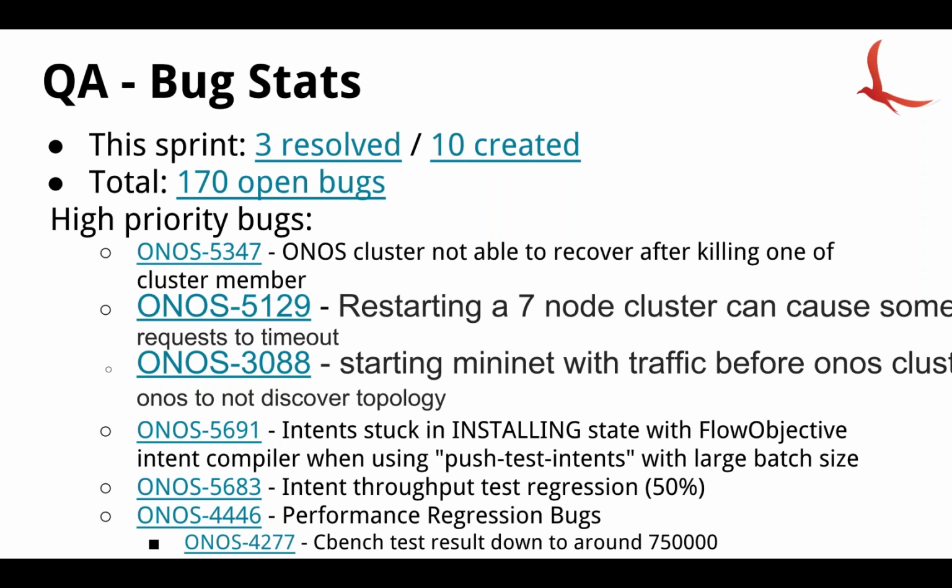Okay, so then the first 2 bugs are the only outstanding ones, because 3088 is on the QA side pending verification. So mostly we will target it for the next sprint, and 5691 as well. It's already fixed, and if it is merged, then we can do a final test again in the next sprint.